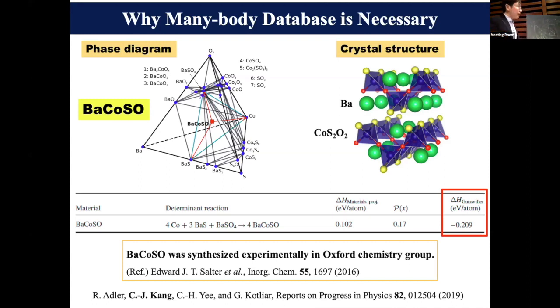We found that the formation energy computed within the Gutzwiller method gives a negative value. It means that BaCoSO is stable, which is consistent with the experiment. So the Gutzwiller method gives a more reliable result than the DFT one.